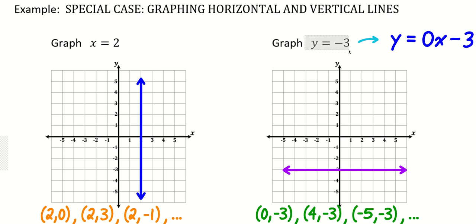Isn't this basically y equals 0x minus 3, because 0x is like nothing? Doesn't this make sense, how you could say my b value, my y-intercept, is -3, and your slope, your m, is 0, which means up 0 over 1, or up 0 over whatever.